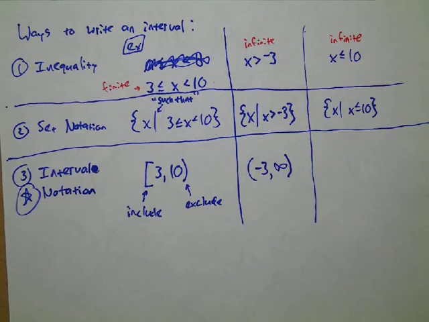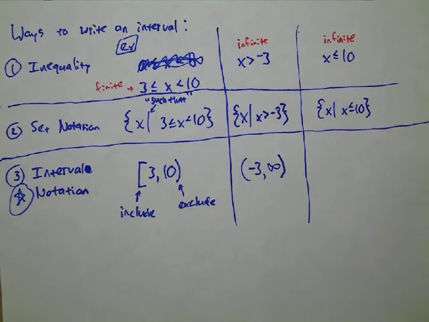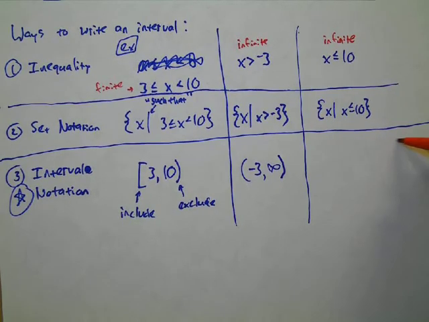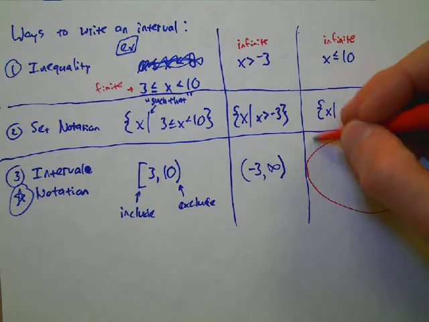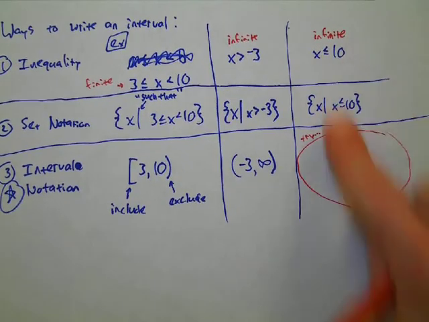So should I ever put a square bracket with infinity? No, you always put a parenthesis there. You have to exclude infinity because you can never get there. It just keeps going and going. You just keep getting closer and closer.